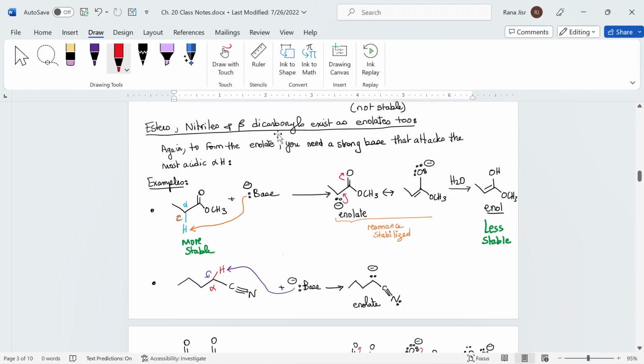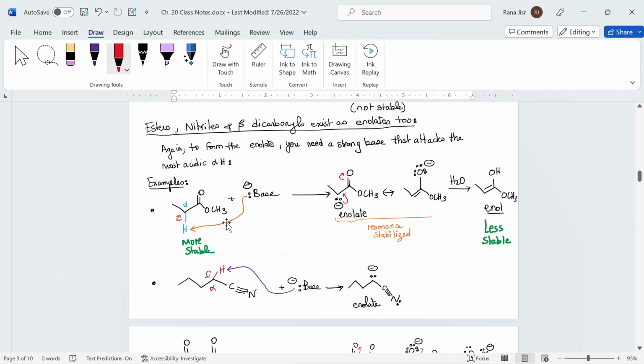Esters, nitriles, and beta carbonyls exist as both enolates and enols as well. We're going to have a base take the alpha hydrogen and create the enolate. The enolate is going to be resonance stabilized. Both of these, we call them enolates. And then when the enolate picks up a hydrogen, we call it an enol form.